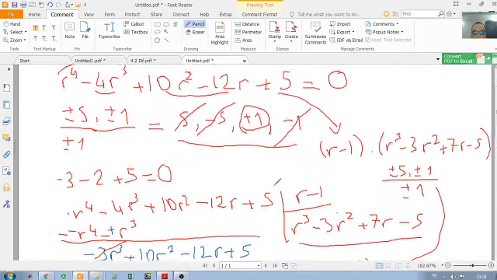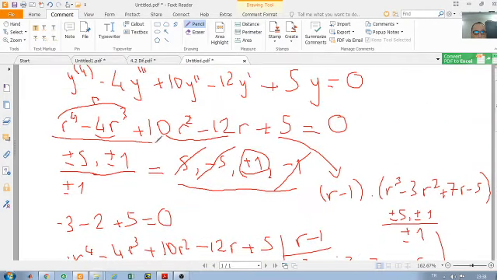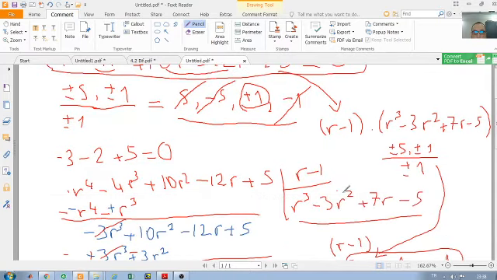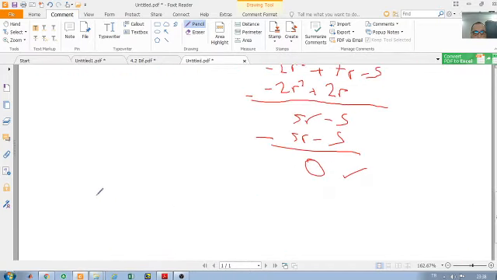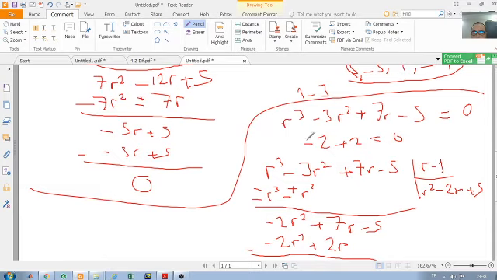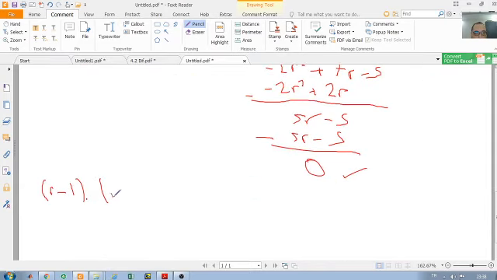So lastly, this characteristic polynomial has the factors: r minus 1 at the beginning, times again r minus 1 from the second factor, times this one, r squared minus 2r plus 5, is equal to 0.